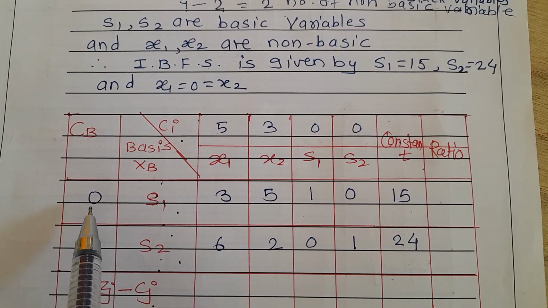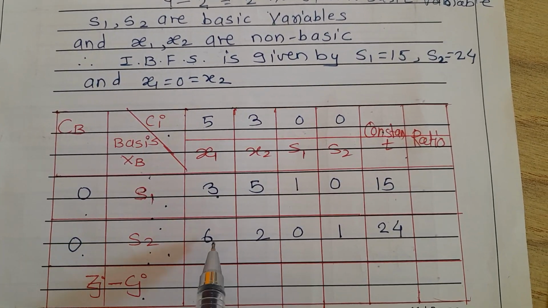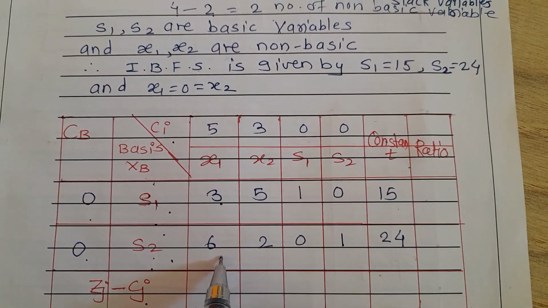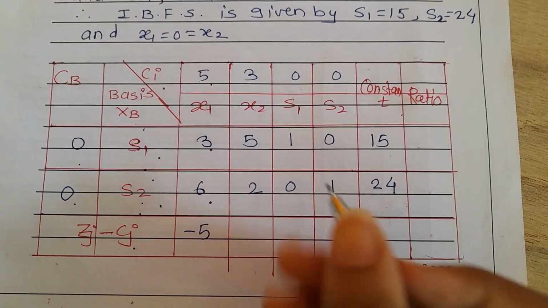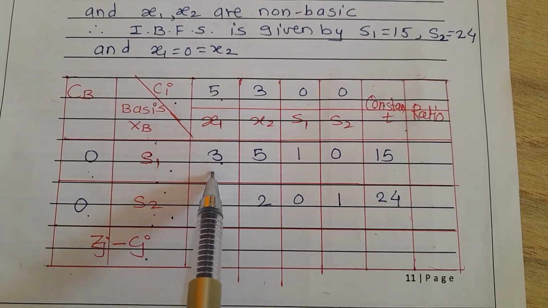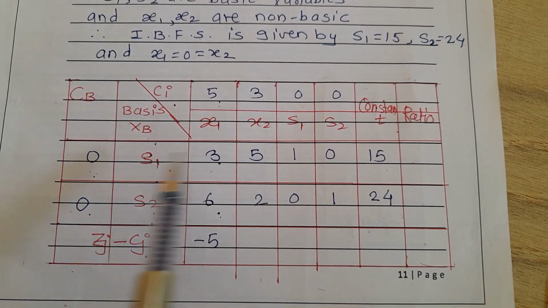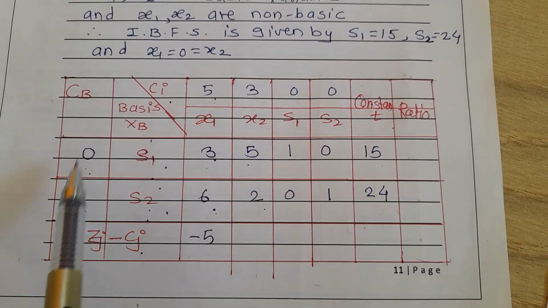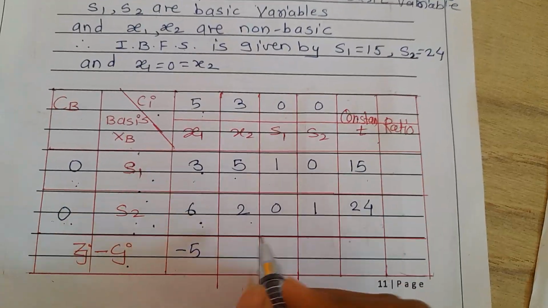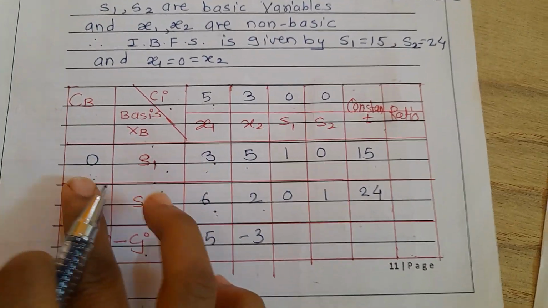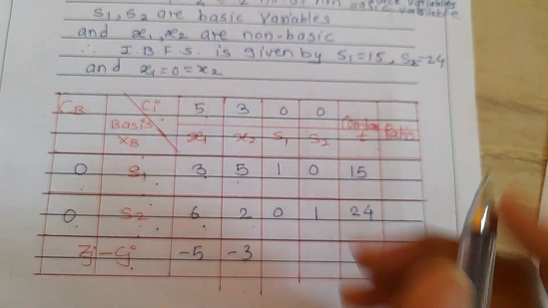First multiply 0 into 3, plus 0 into 6, minus cj, that is minus 5. Next, 0 into 5 plus 0 into 2, 0, minus 3, so minus 3. Again 0 into 1, 0 into 0, 0 minus 0, 0.